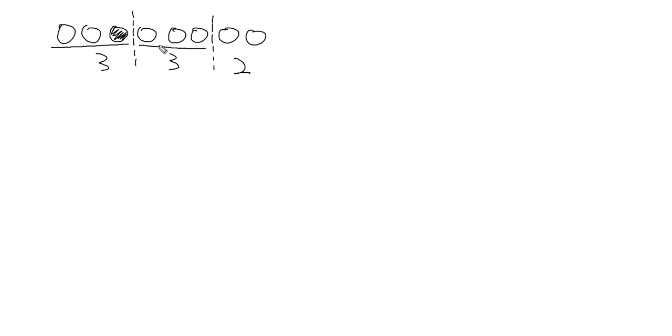Whichever way the scale tilts, we know that the heavier ball is in that group. So in this case, we know that the heavier ball is not included in these 5 balls. Once we have these 3, we can just pick 1 and 1 of them and put them on the scale.